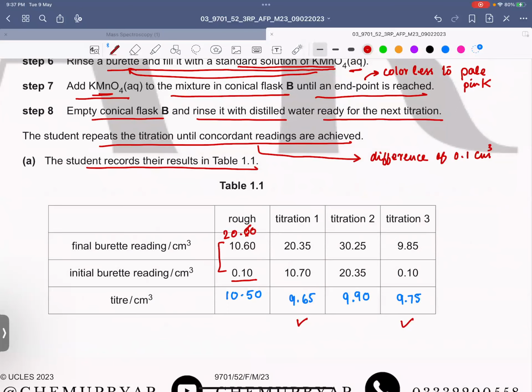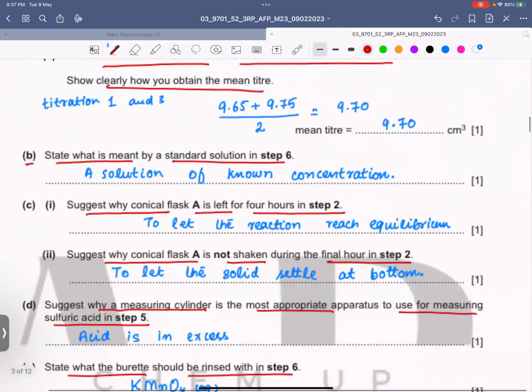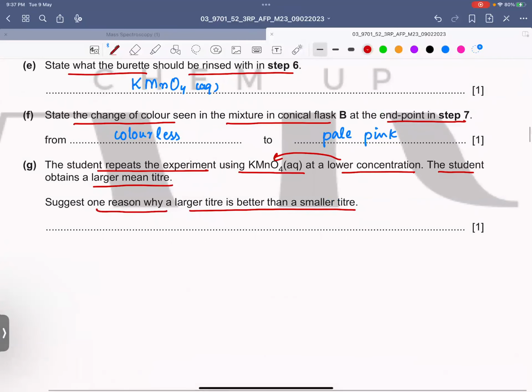So what is the advantage of using the lower concentration when the volume gets bigger? Percentage error decreases. Very good, Safiullah. By lowering the concentration, we are now consuming more volume.